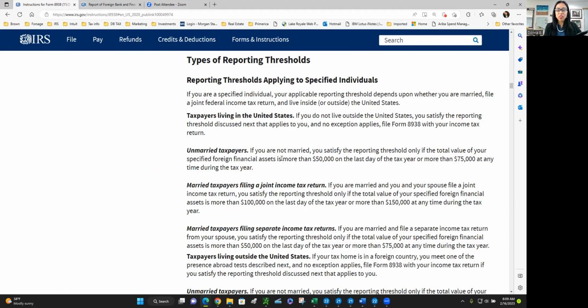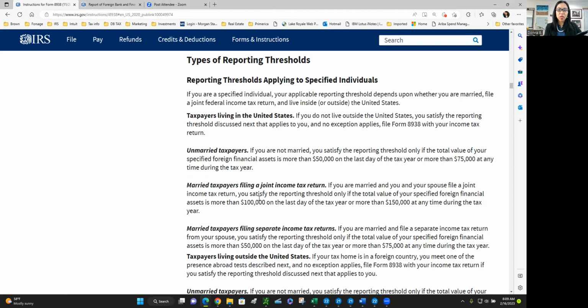So in the first set of criteria, you don't have to file, right? However, if throughout the year it reached $75,000 at one point in time, and then at the year end you had a remaining balance of only $20,000, then you are still required to file this Form 8938 with your tax return. Okay, that's for a single taxpayer.